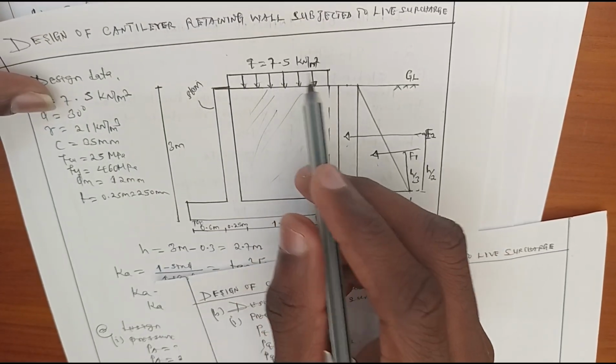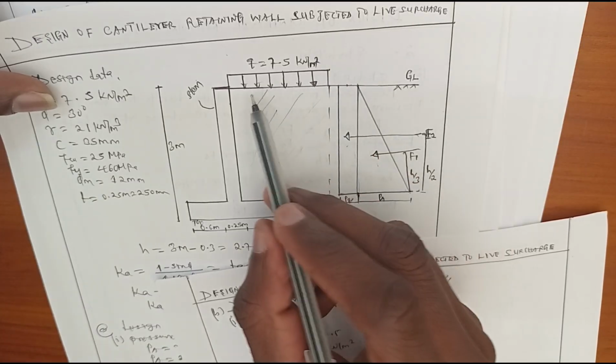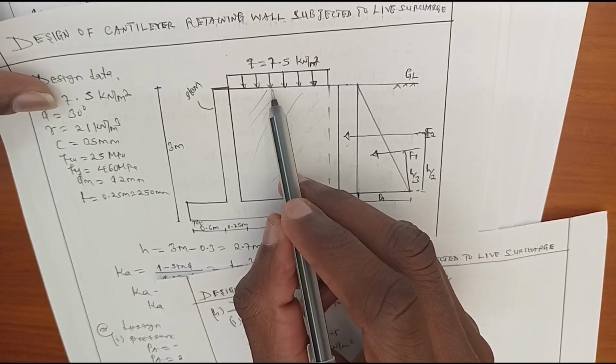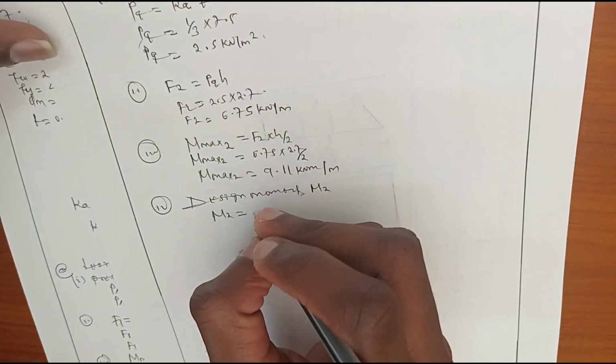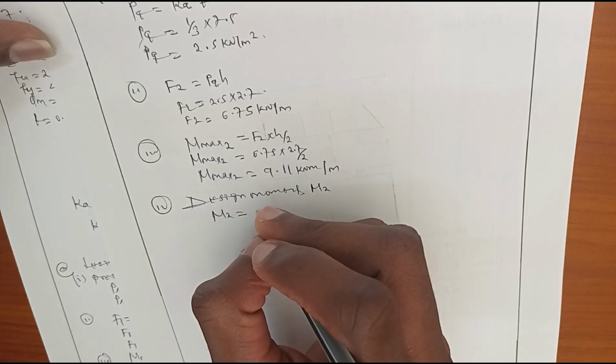So to determine the design moment, we multiply by the factor of safety due to surcharge, which is due to the live surcharge.